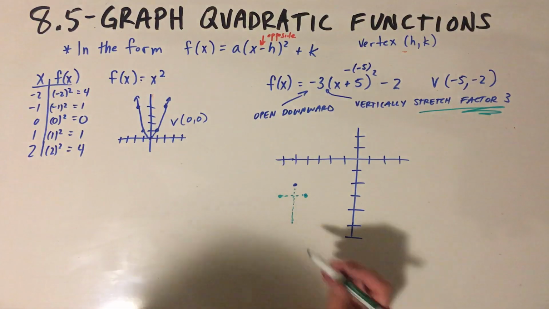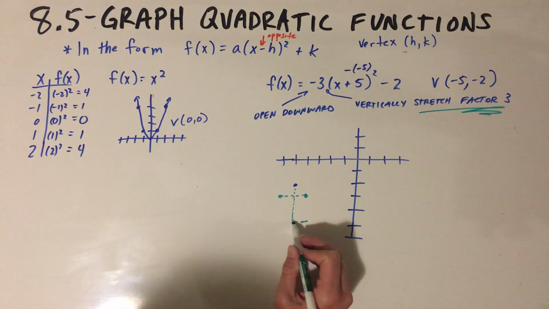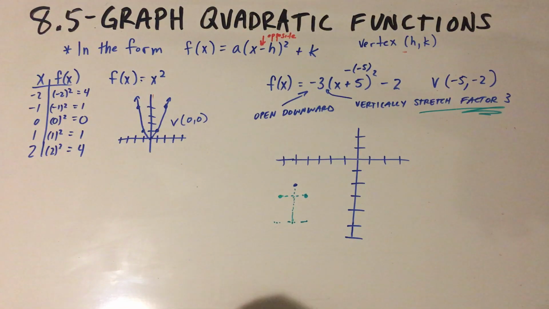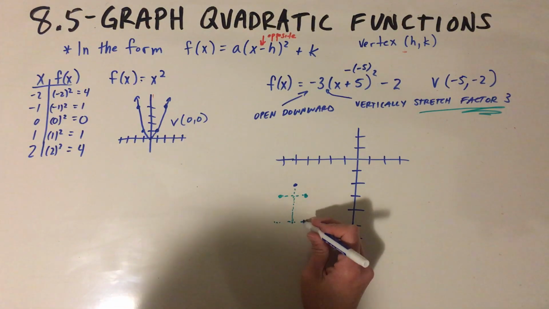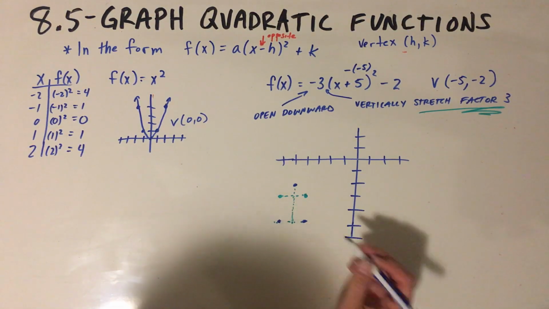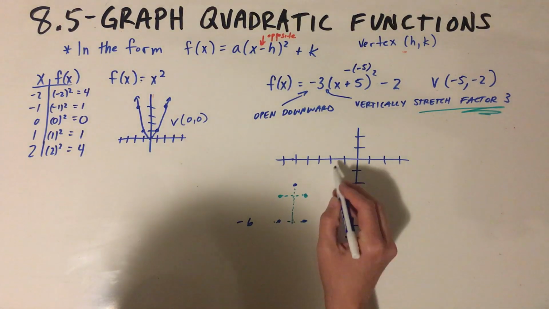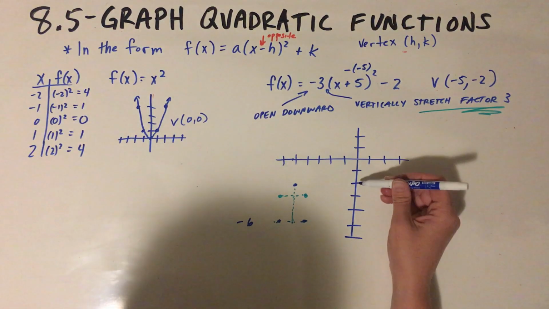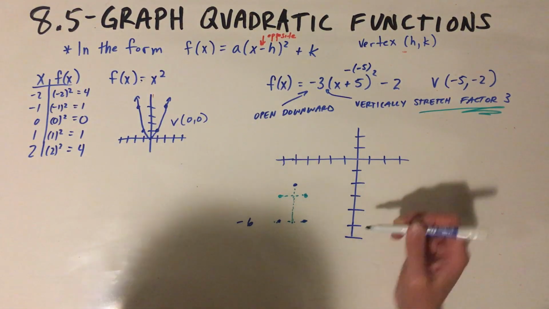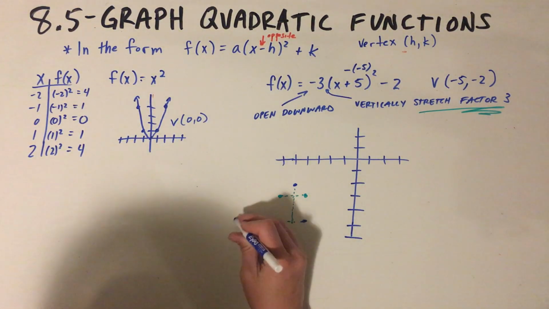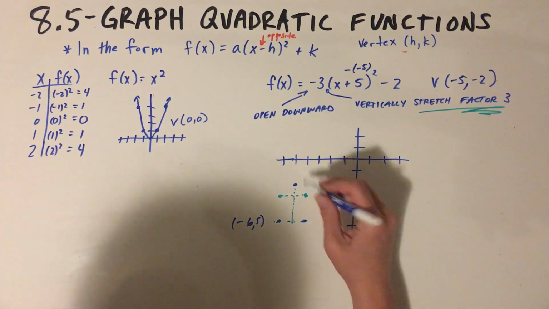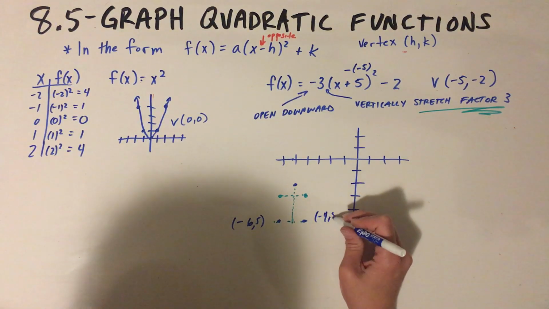And then we'll go symmetrically here. So my next points will be these 2 points right here, which if I needed to label them would be -6, 5 and -4, 5.